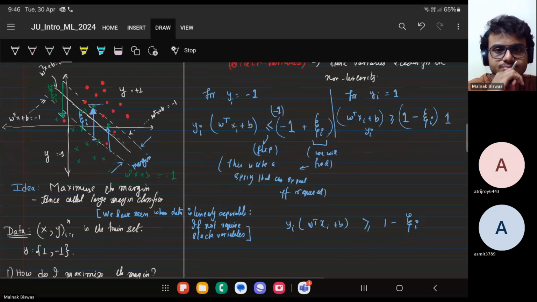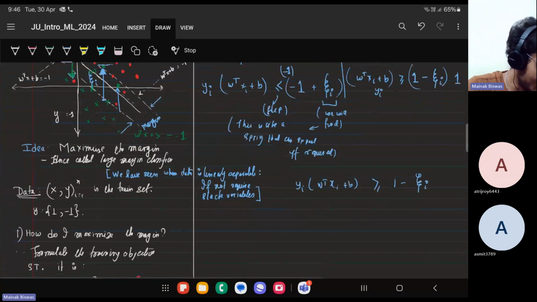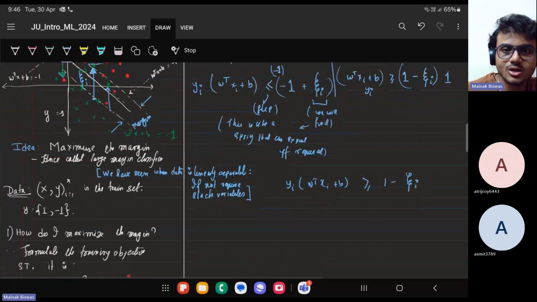Okay, right? So I'll be solving the dual, and then next class, the last part of the SVM will be to see how to solve the dual. There's a brilliant algorithm. So why is the dual that important? We will see. It will just take 10 minutes more to convert this into a dual, and then next class we'll complete SVM and get into perceptrons and MLPs, deep neural networks.